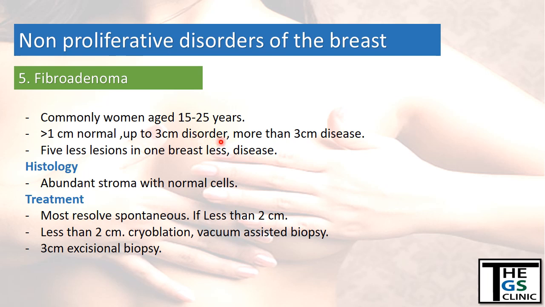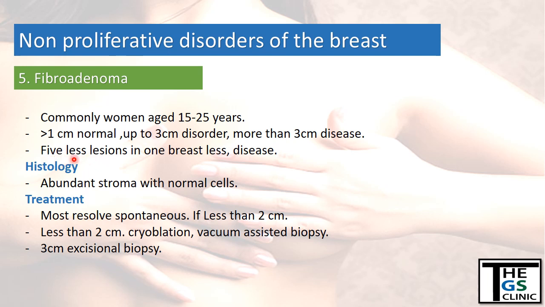And as we said, a disorder is less likely to need treatment, but also it is less likely to resolve spontaneously, and in this case we might need to go through a cryoablation therapy or vacuum assisted biopsy, which means biopsy under negative pressure. If it is more than 3 centimeters in diameter, this is a disease, and in this condition we need to do excisional biopsy to exclude malignancy.